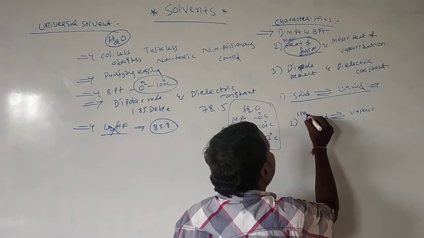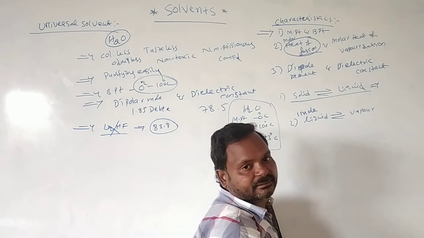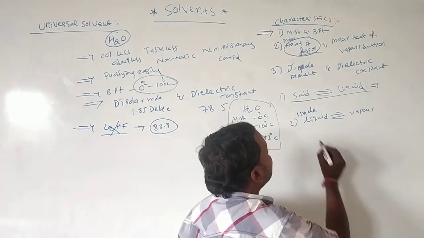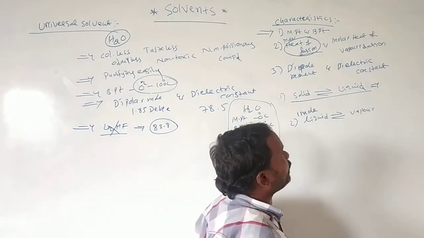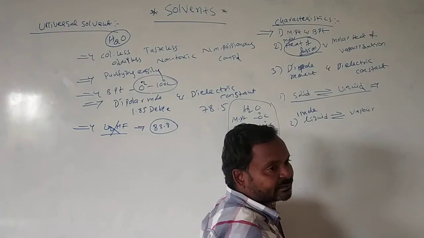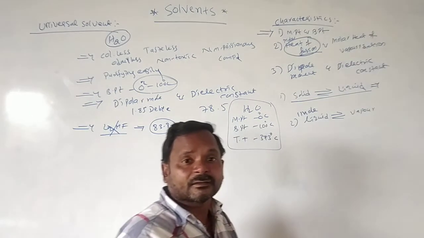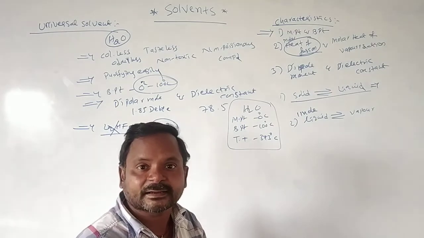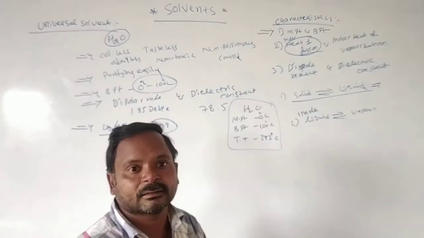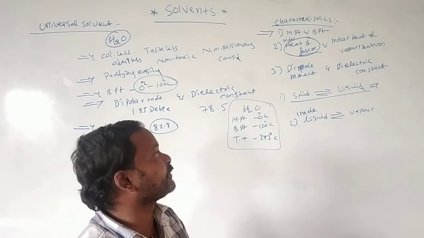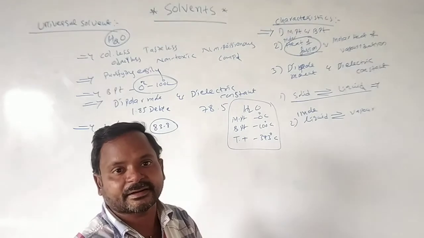For 1 mole of liquid into 1 mole of vapor, we call it molar heat of vaporization. That means a good solvent should maintain perfect molar heat of fusion and molar heat of vaporization.